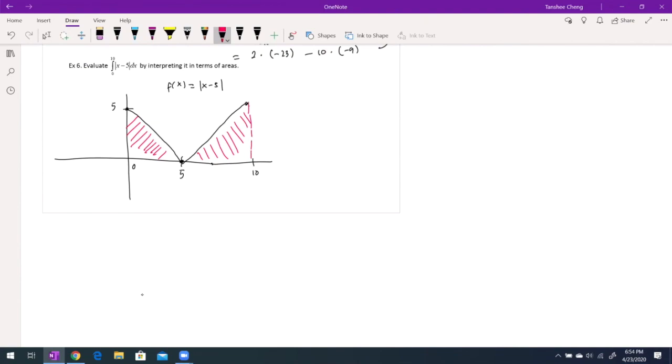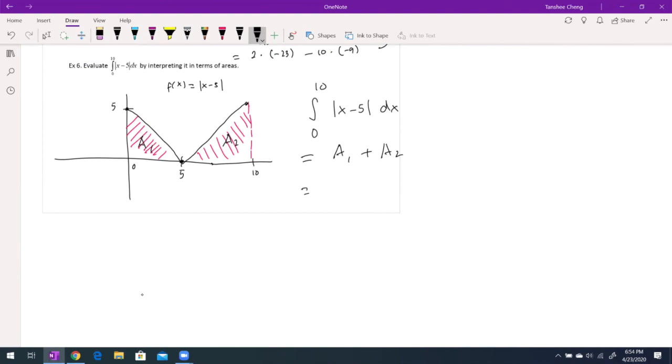So finding the value of this definite integral is basically the same thing as finding these two areas. This is how we're going to approach it. Any questions before I move on? The key point I'm trying to remake again: this is equal to area 1 plus area 2.